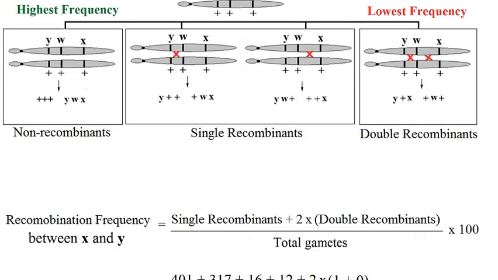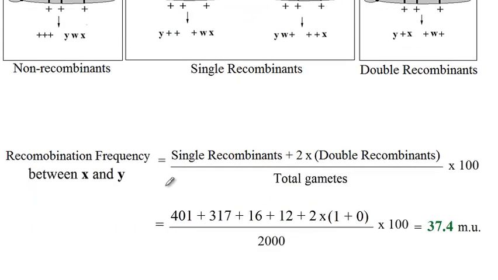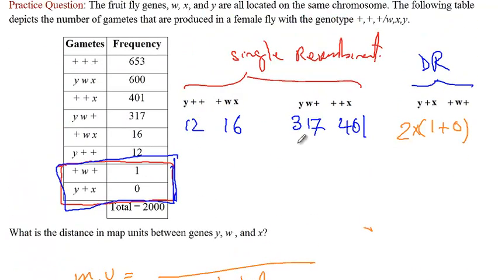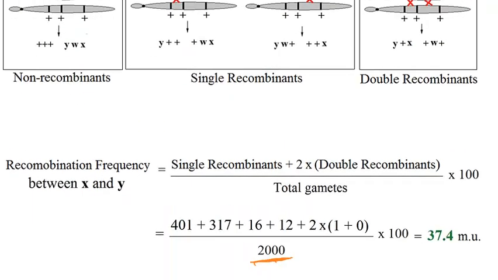I've already calculated the number for you. So single recombinants plus 2 times double recombinants times 100 divided by 2000, which was our total number of gametes. So there is a 37.4 map unit distance between genes X and Y.